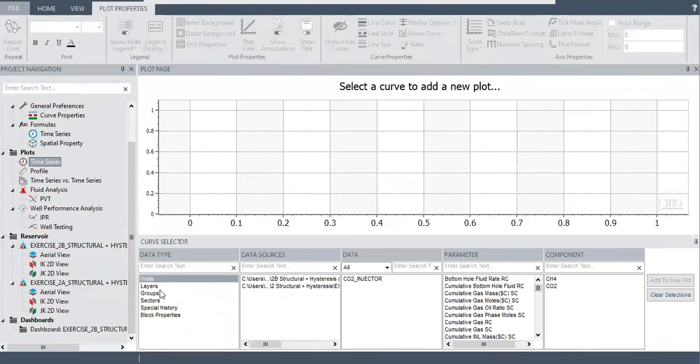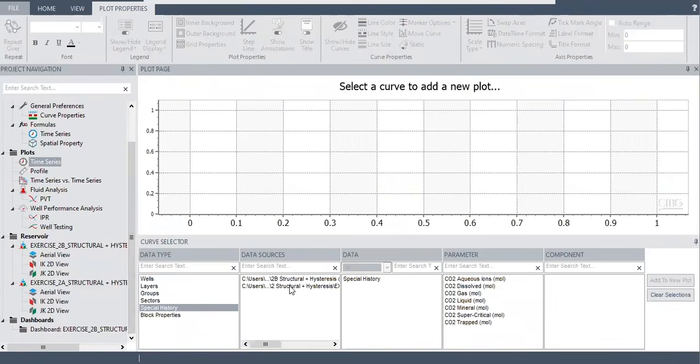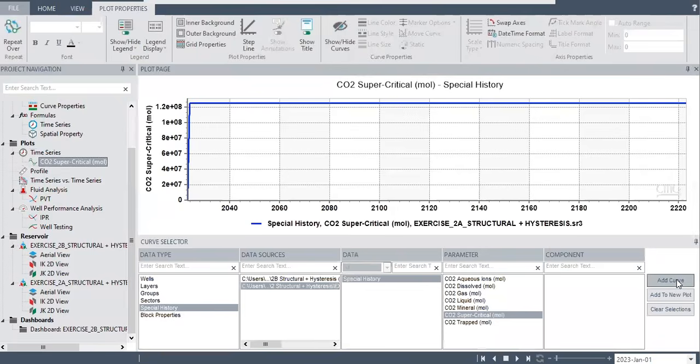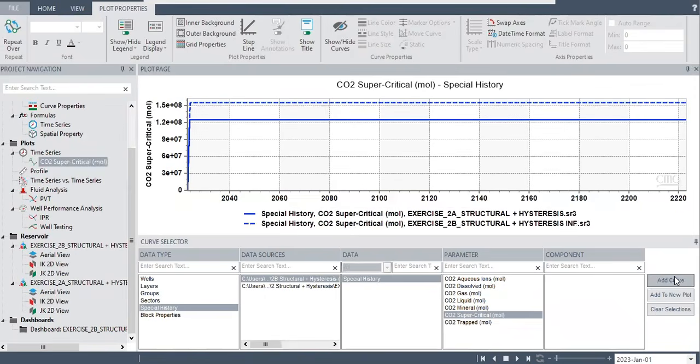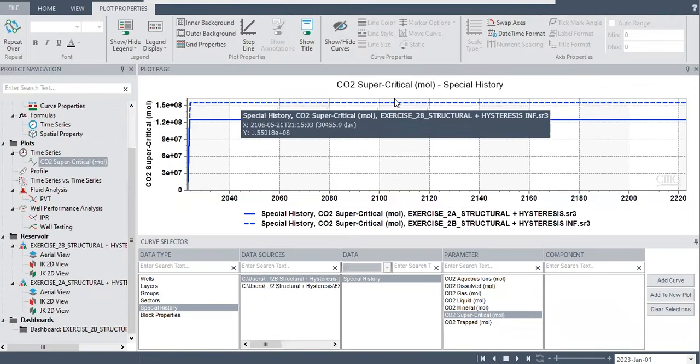All right. Time series, of course, we want to check the history. Start with the limited reservoir, CO2 supercritical, and compare it with the infinite. Of course, in the case of infinite aquifer, we can inject more, because we haven't reached the maximum bottom hole pressure constraint.